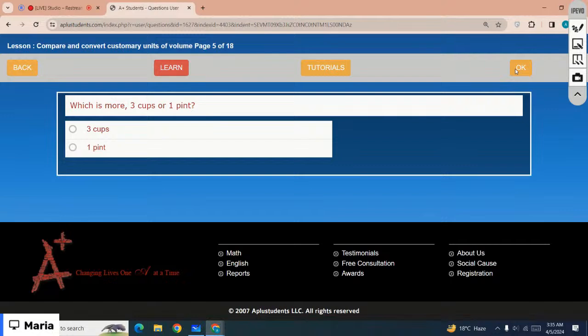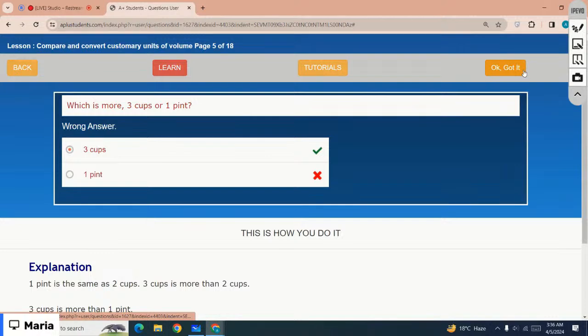Which is more, 3 cups or 1 pint? So which is the correct option? 1 pint is the same as 2 cups, right?